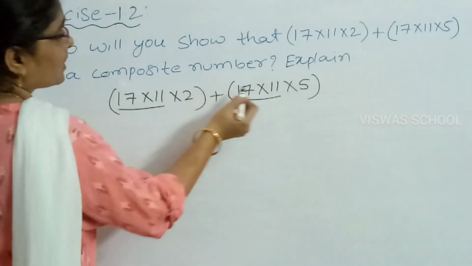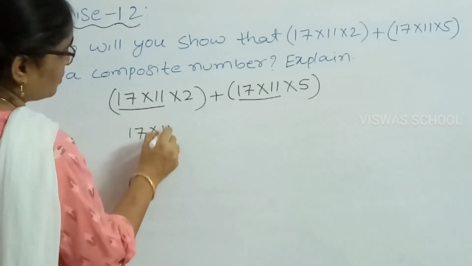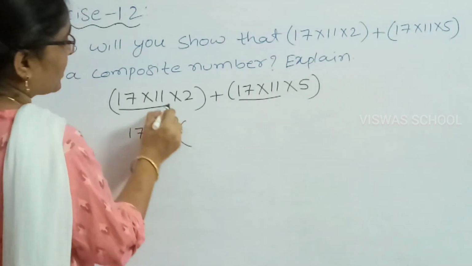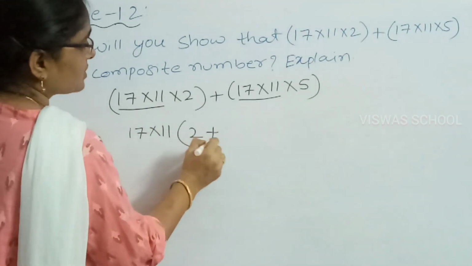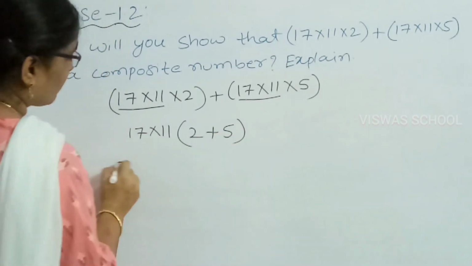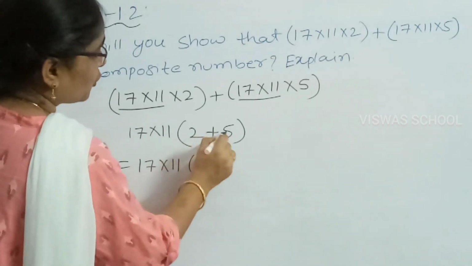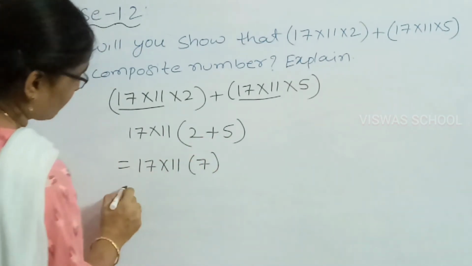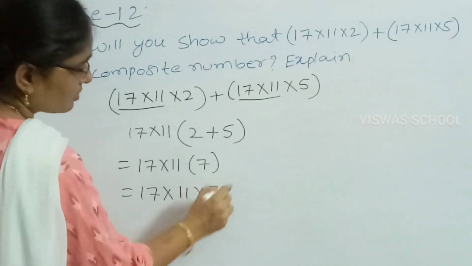Take this 17 into 11 as a common term. That is 17 into 11. Now the remaining here is only 2, plus, and here also the remaining is only 5. Now it equals 17 into 11 into 2 plus 5, which equals 7. That is 17 into 11 into 7.